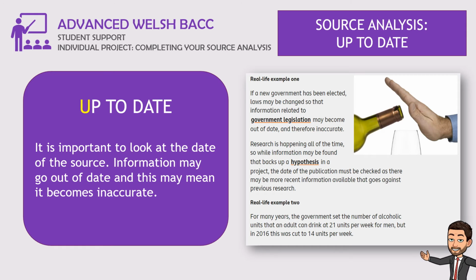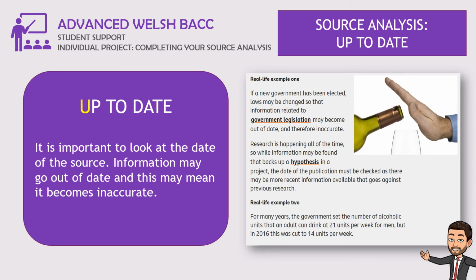As a general rule, anything over 3 years, at the very most 5 years, could be considered out of date. But that doesn't mean you don't use it. Just because a source is old, it doesn't mean it's unreliable. It just means that you have to consider that time has passed from when it was first published.